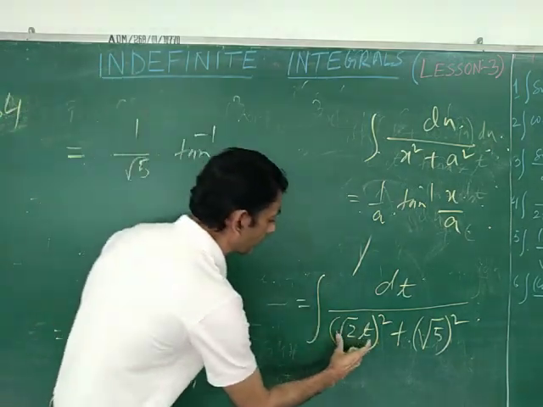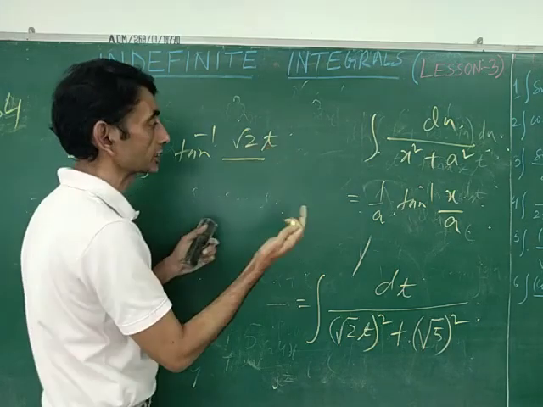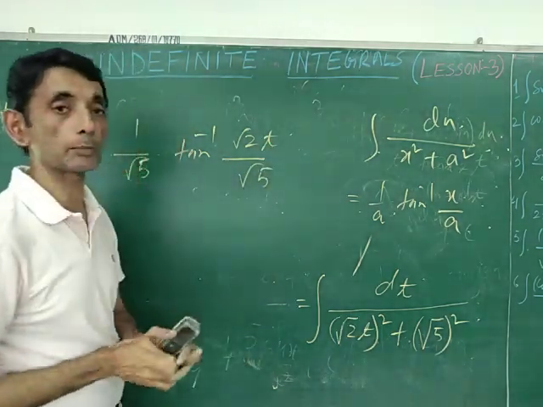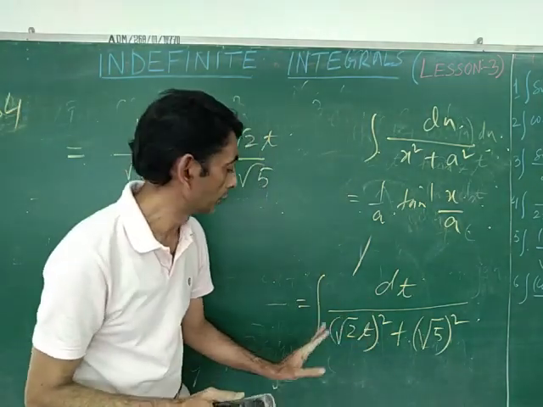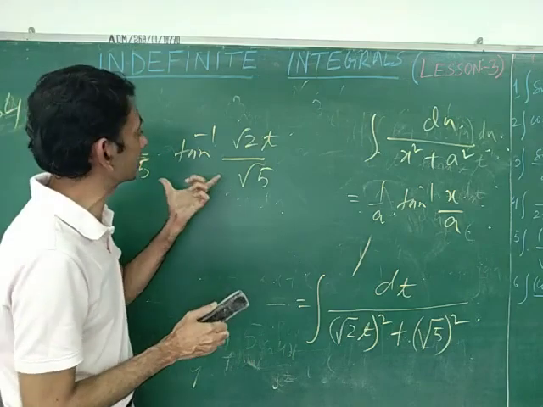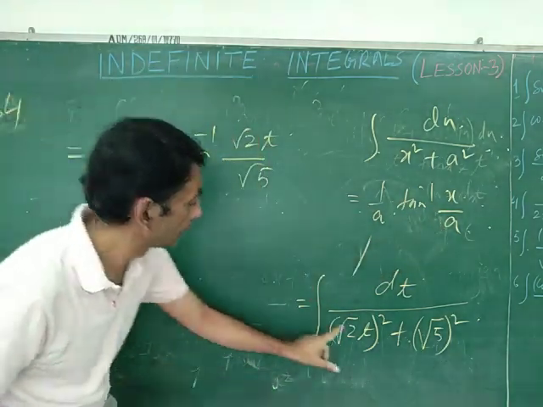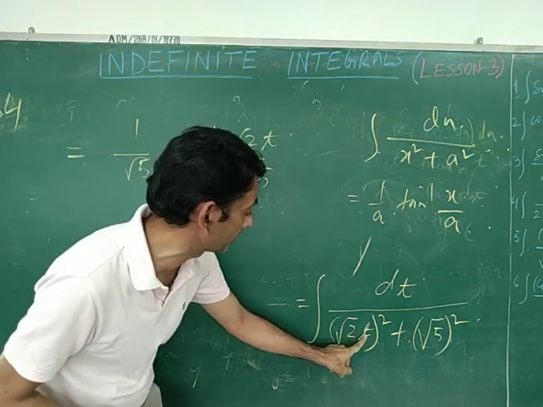If you assume x is root 2t, and a is root 5, remember one thing: if we assume root 2t as x and use this formula as it is, this is to be multiplied by the reciprocal of the coefficient of t.